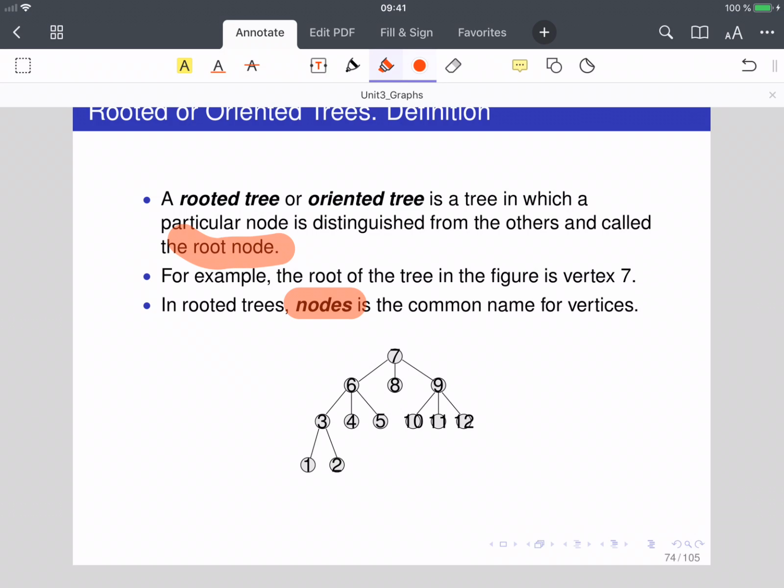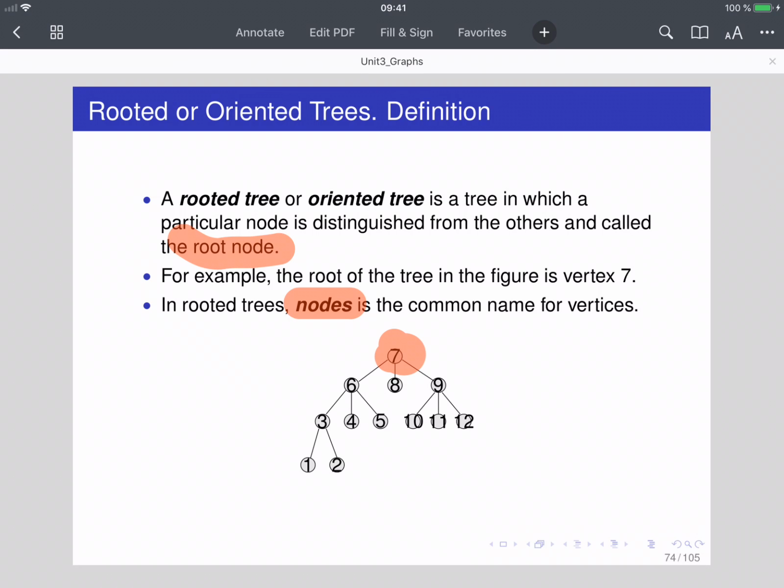So that's why we call this element the root node. For instance, here in this tree, the root would be 7. It's a bit paradoxical that we usually represent trees with the root at the top. So the tree is somehow upside down, because the root is not at the bottom but at the top. But this is the usual convention.